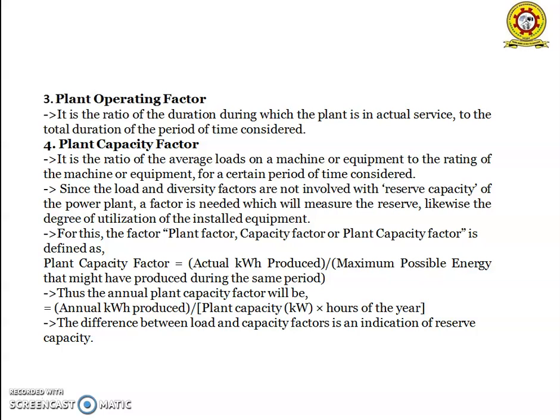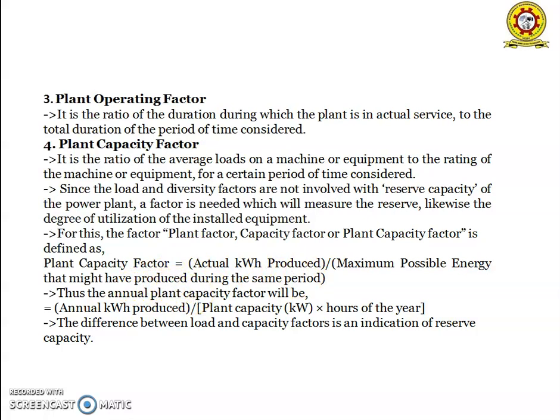Since the load and diversity factors are not involved with reserve capacity of the power plant, a factor is needed which measures the reserves, and likewise the degree of utilization of the installed equipment. For this, the plant factor, capacity factor or plant capacity factor is defined as: plant capacity factor is equal to actual kilowatt energy produced by the maximum possible energy that might be produced during the same period.